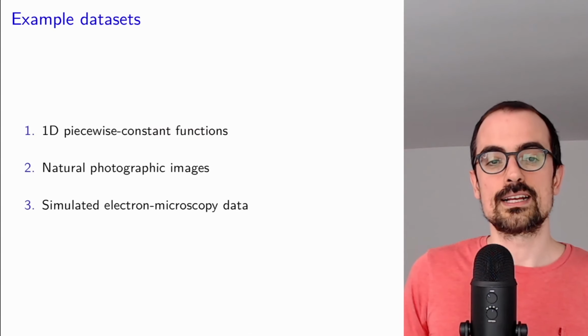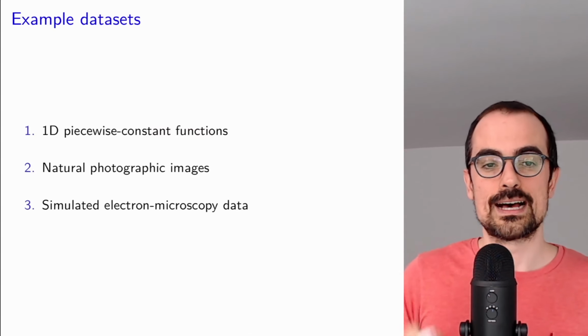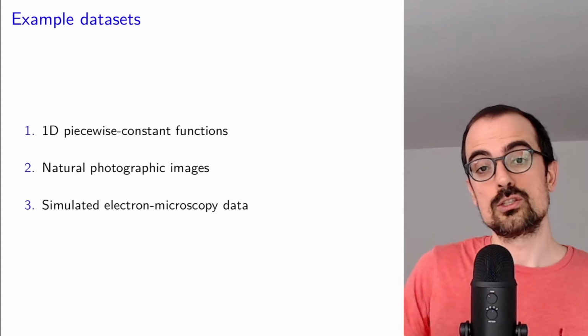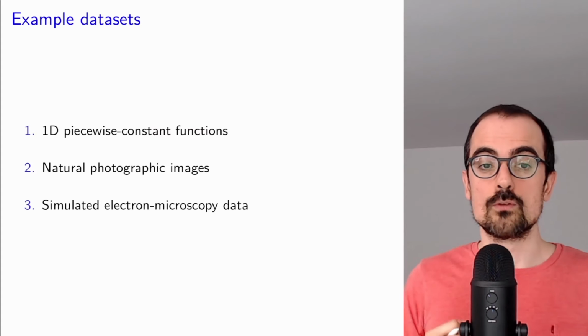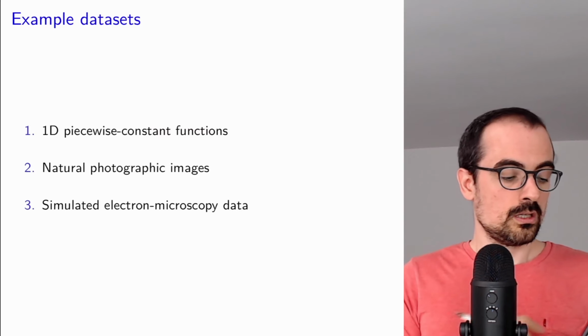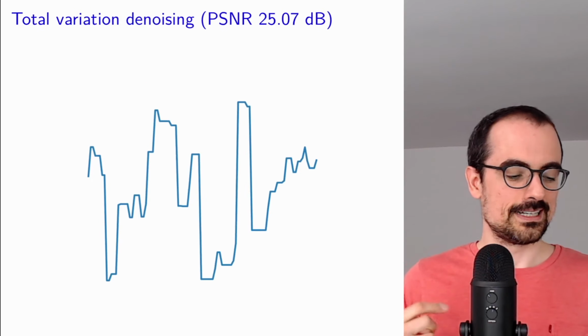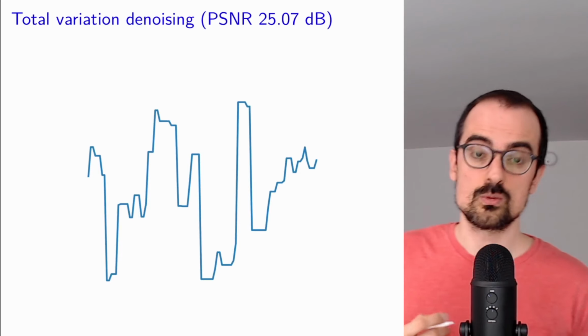All right, so let's take a look at how we do on our example data sets using supervised learning based on convolutional neural networks. So this is the 1D piecewise constant functions. This is how they look. This is how the noisy data look like. This is what happens with total variation denoising, which works very well.